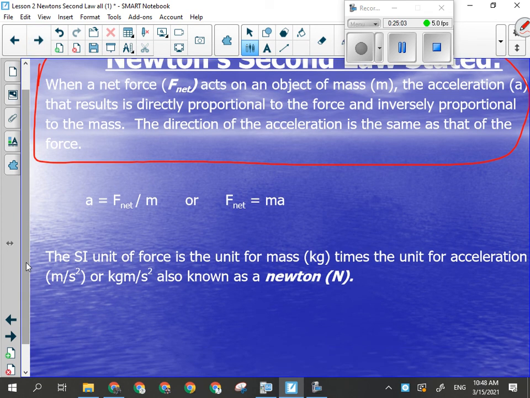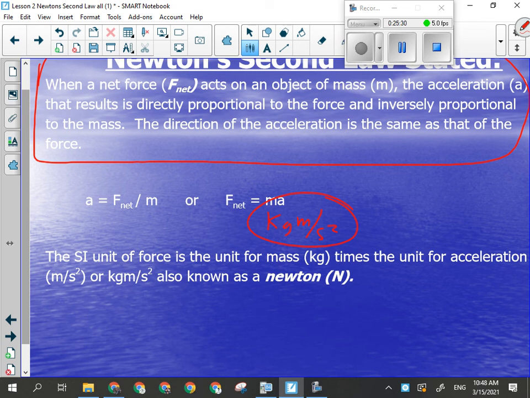Okay, units for force. When we calculate force and we multiply mass, which is in kilograms, by acceleration, which is in meters per second squared, we get kilogram meters per second squared, which we mercifully abbreviate newtons. You still have to remember that a newton is a kilogram meter per second squared, but you don't have to write kilogram meters per second squared every time you do a force calculation.